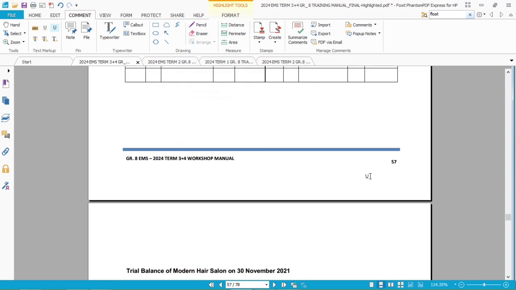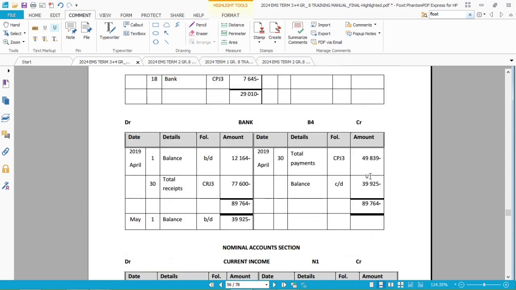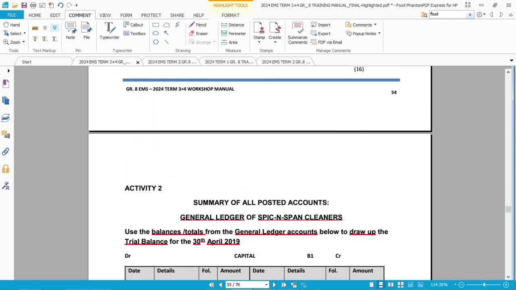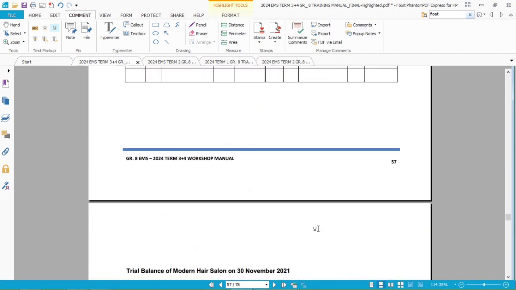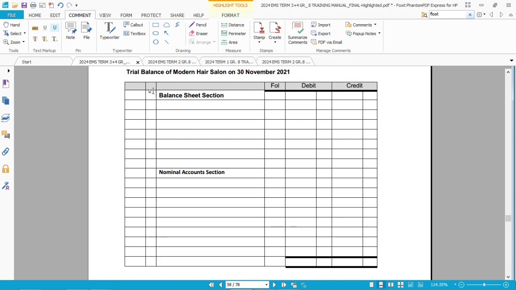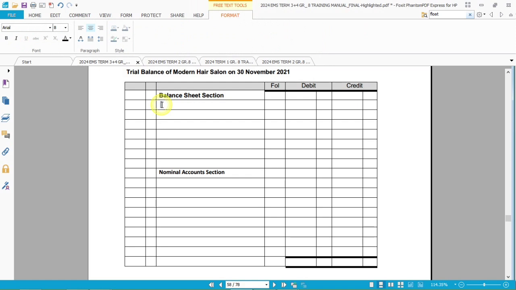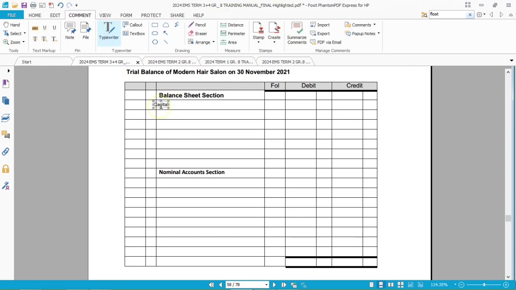The first thing I'm going to do, my first account here is B1. B1 is capital. So I'm going to come to my folio. I'd like to start with capital, not with my folio. I'll show you why in the next example. I'm going to write here, capital. I'll try and make it a little bit bigger so it's visible.